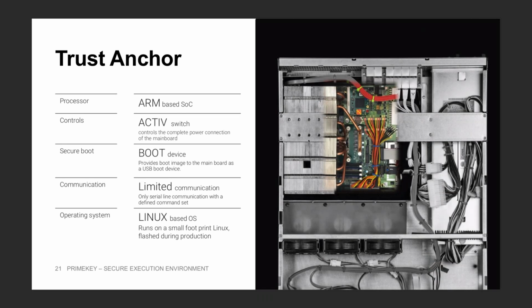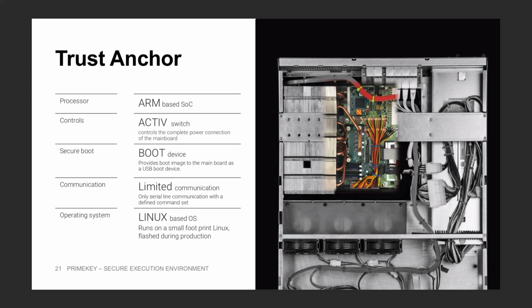Here I put the picture of the trust anchor add-on board that we designed for the standard mainboard. And as I mentioned, it's based on an ARM processor. And this trust anchor is actively controlling the power to the mainboard.